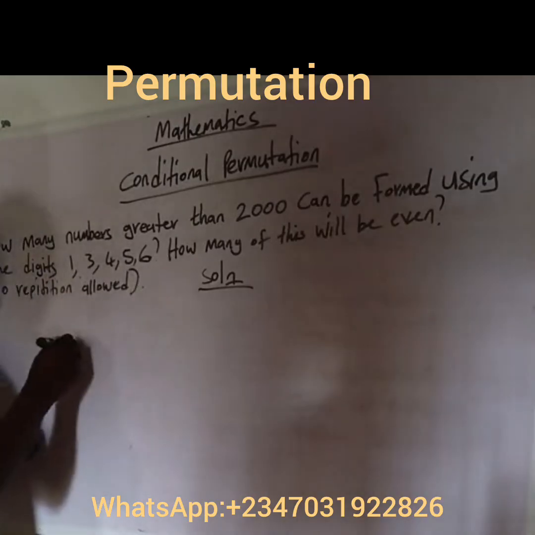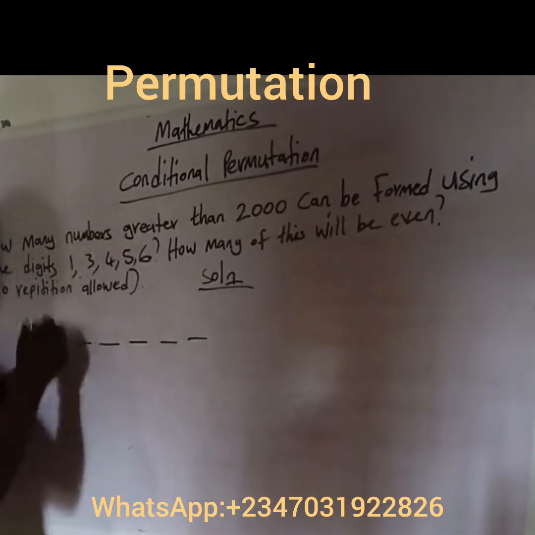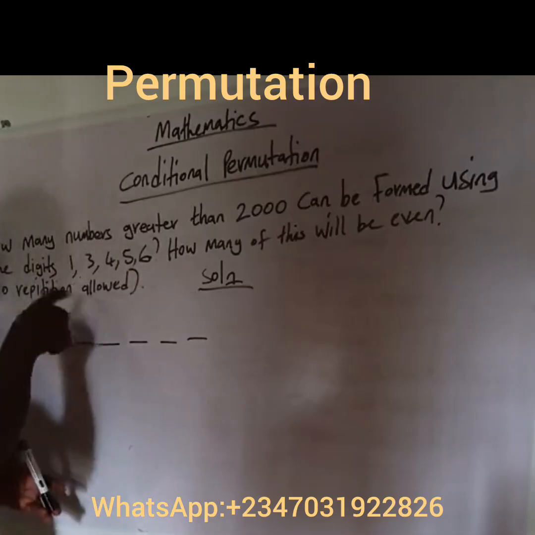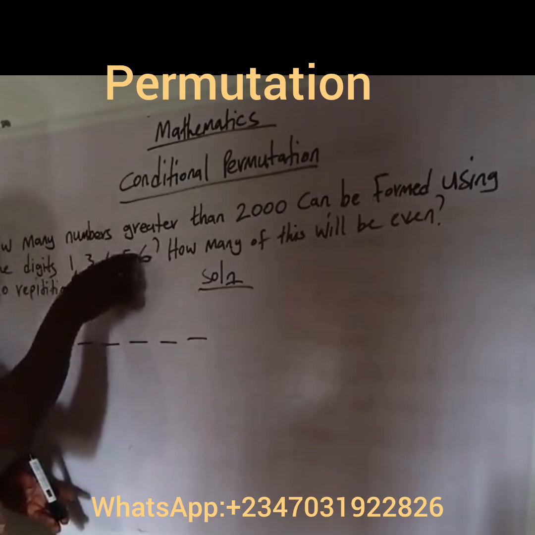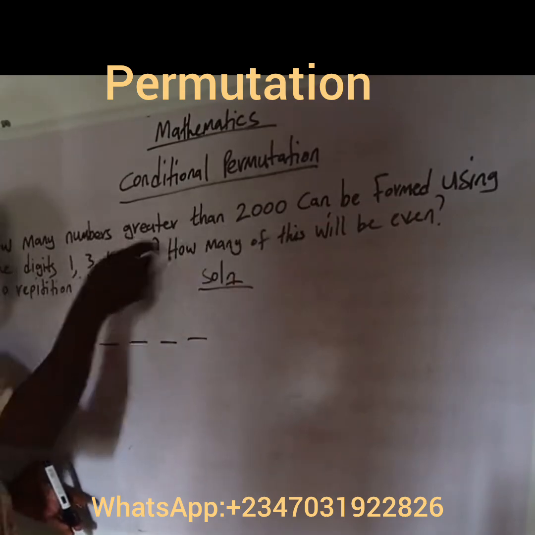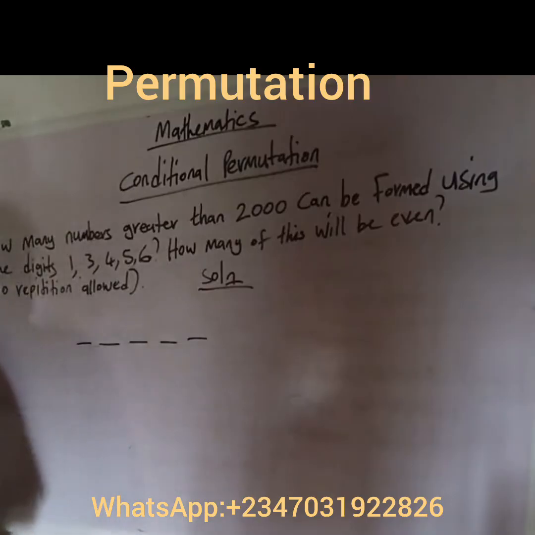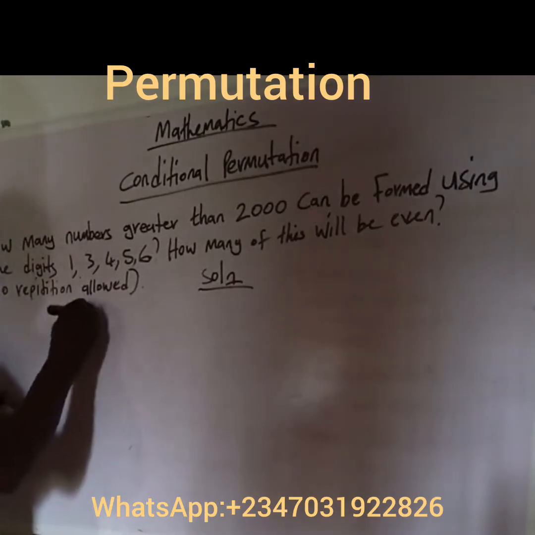So any of the 5 digits can start. And if any of the digits can start, then the number of ways to form a number greater than 2000 using only these five digits is 5 factorial ways.